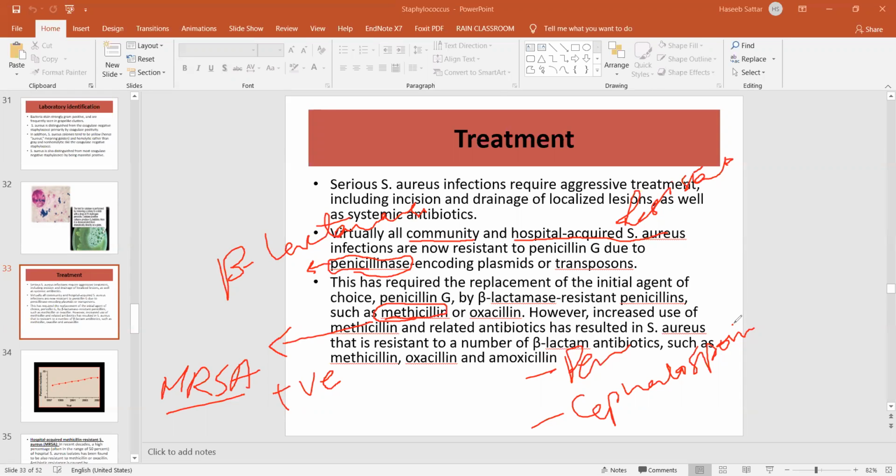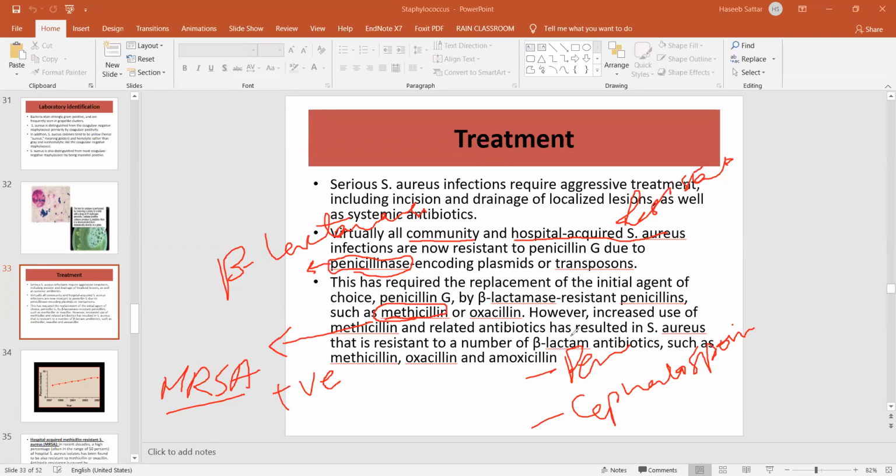Penicillins and cephalosporins are the two groups of antibiotics known as beta lactam antibiotics, because these two groups have a beta lactam ring in their structure, and this beta lactam ring is responsible for antibiotic activity. But the beta lactamase enzyme degrades this beta lactam ring.